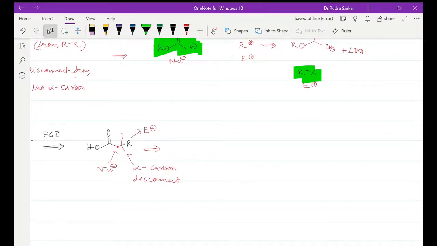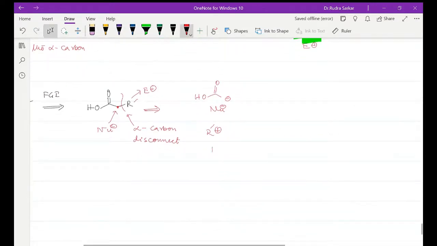For that, the synthons that we will get will be of this kind. Again, this is our nucleophile because it is carrying the negative charge, isn't it? And R prime plus is going to be our electrophile. And then we will write R prime X as our synthetic equivalent carrying the electrophilic center.